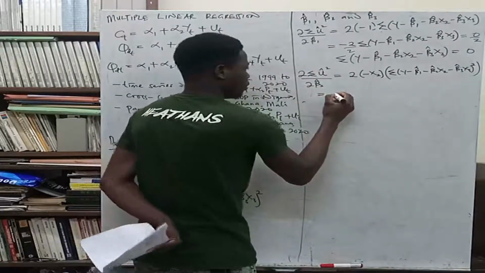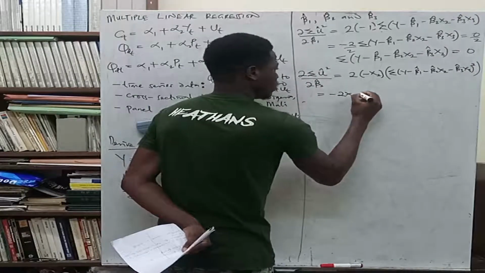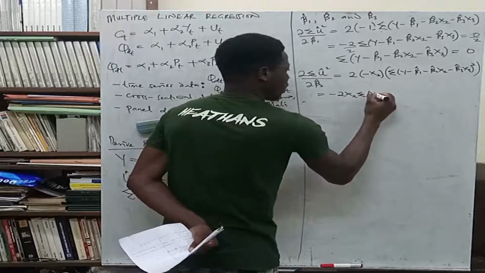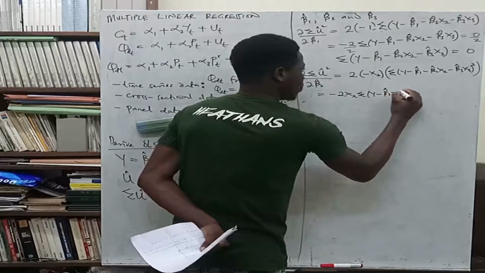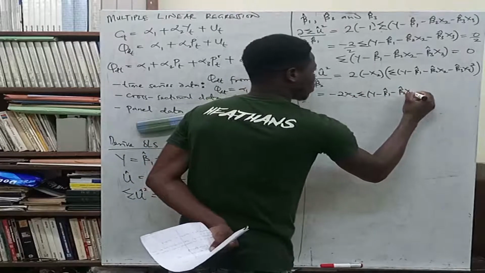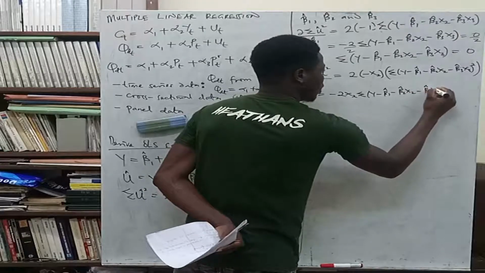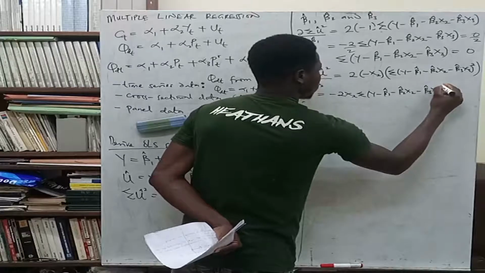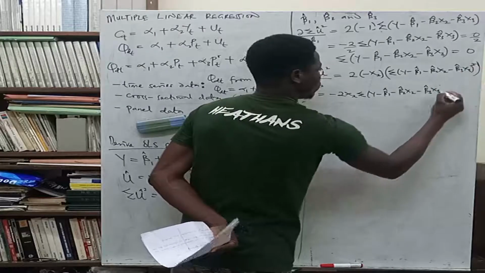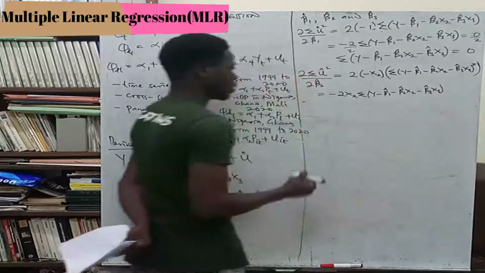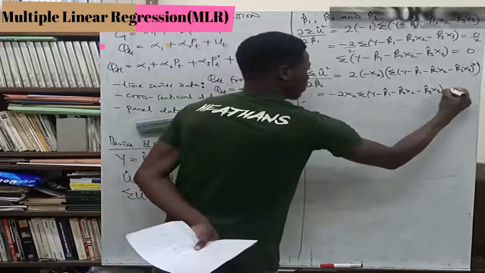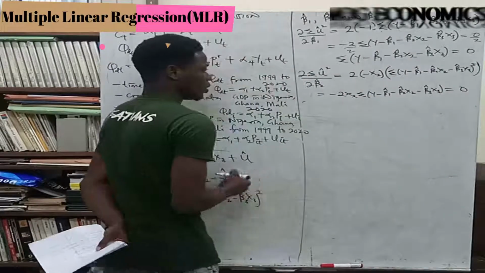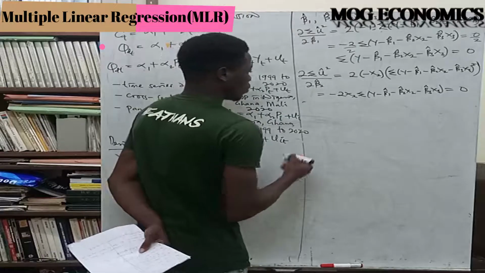So we're going to have minus 2x2 summation y minus beta 1 minus beta 2 x2 minus beta 3 x3, and 2 minus 1. So we're left with 1. Then just like we did there, the first order condition is that this is equal to 0.